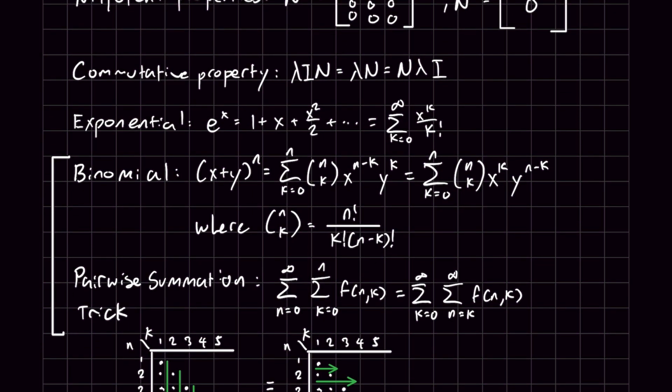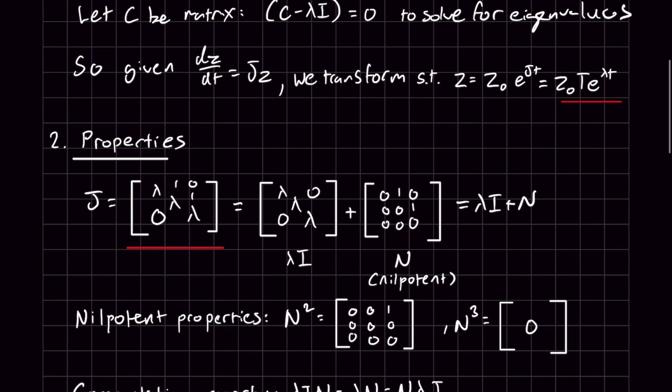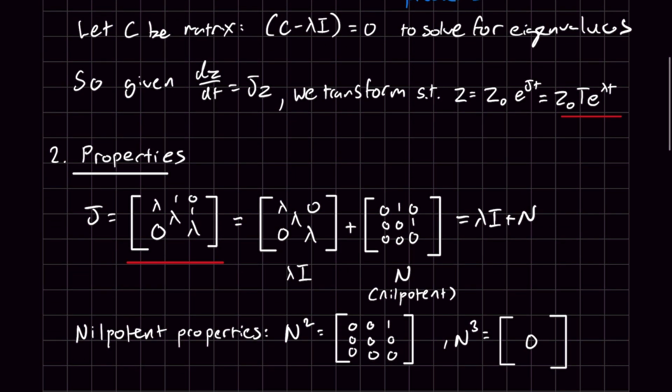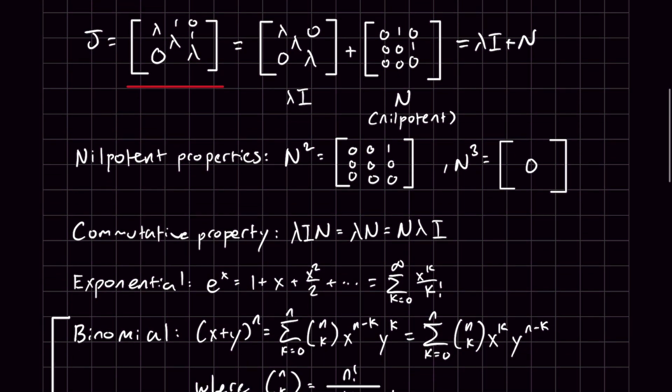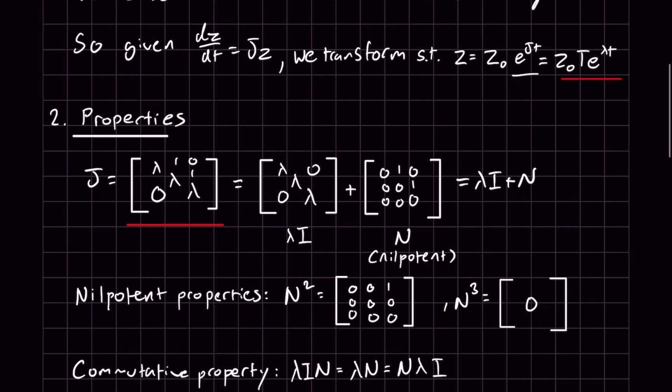So why is binomial important? Well, this actually comes from the definition of J. Over here, you'll see that you have an exponential to the k, right? So e to the x is the sum of x to the k, and you'll have an e to the j over here.